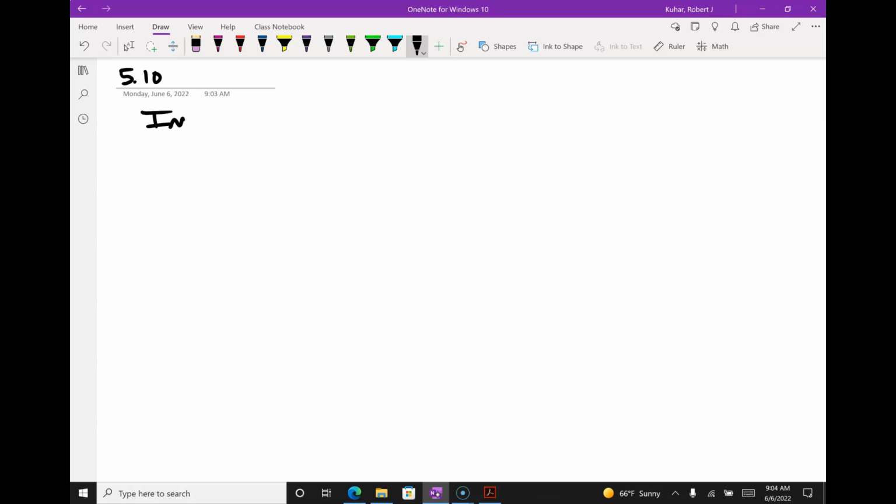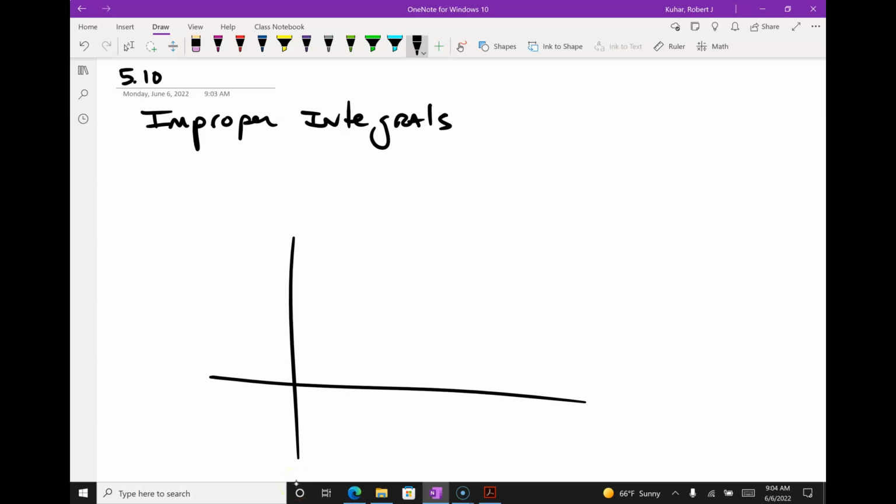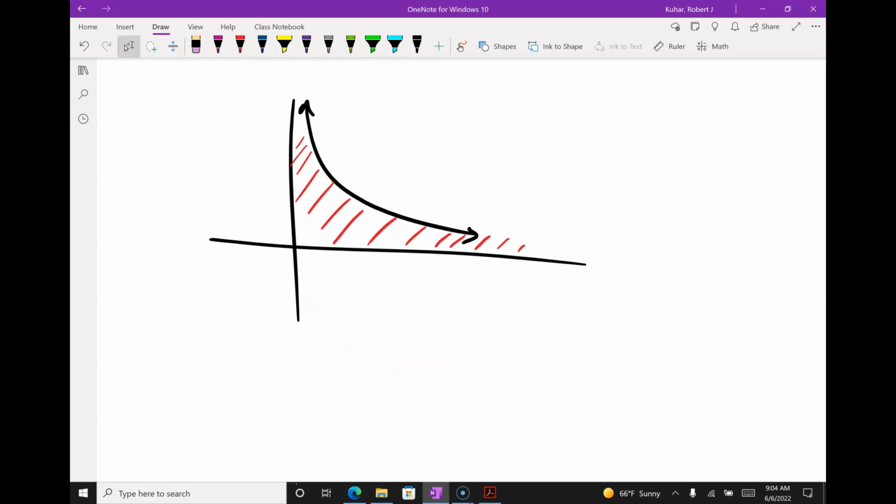So improper integrals. 1 over x is the perfect version of it. And of course, you can imagine it's pretty hard to get the area underneath. But that's what we're talking about: finding the area underneath this curve, where obviously there's two issues.